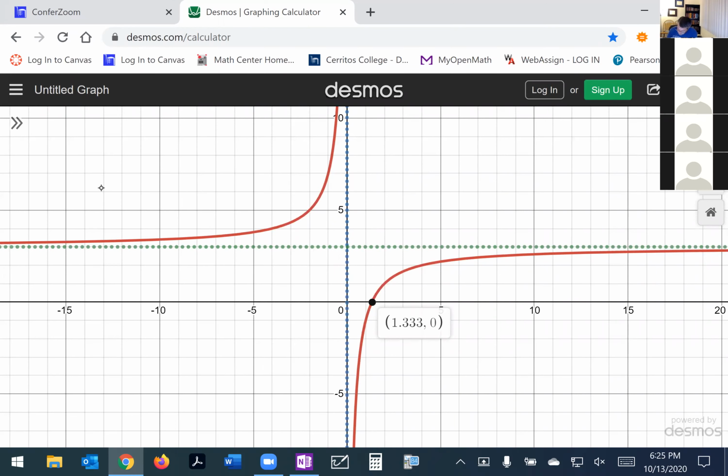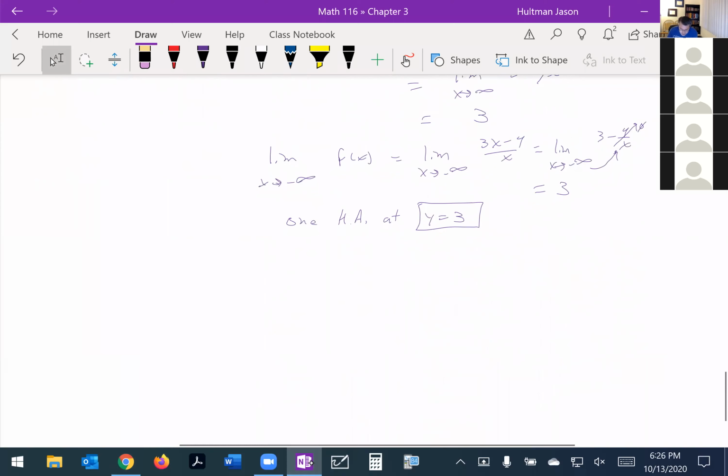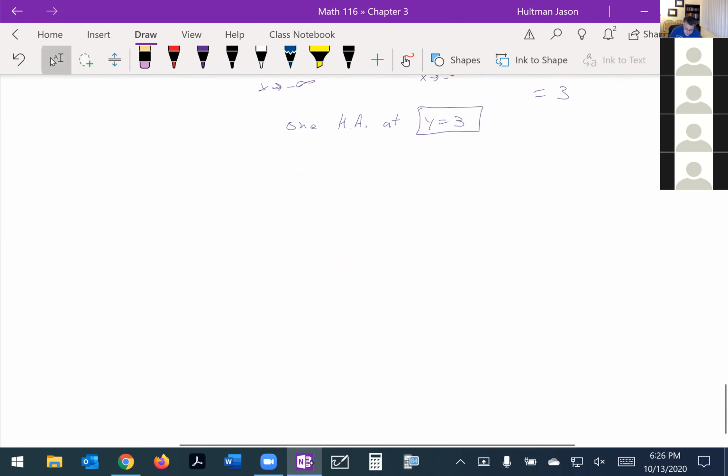Let's look at another problem, and we'll look for the intercepts on this one. The intercepts of rational functions.